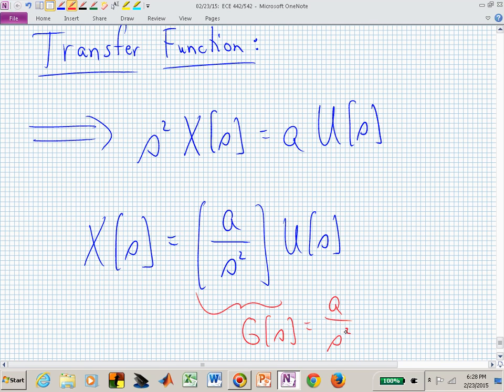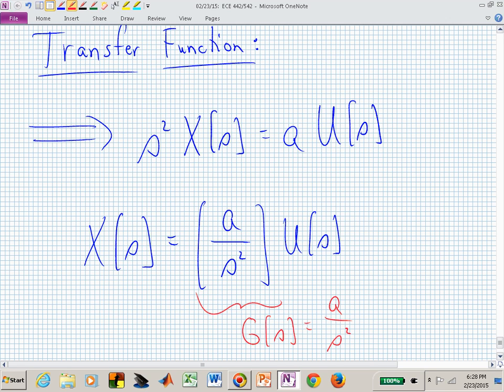And our plant now, a pure mass plant, a pure mass system, capital G of s is a, where a was 1 over m, divided by s squared. Capital G of s is a over s squared.